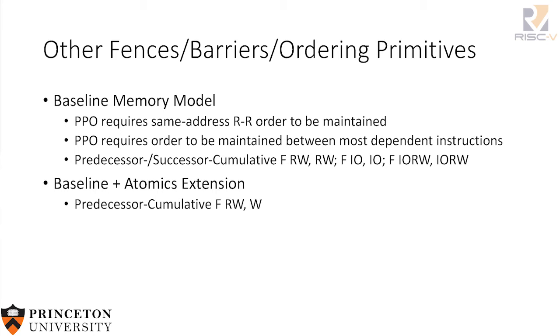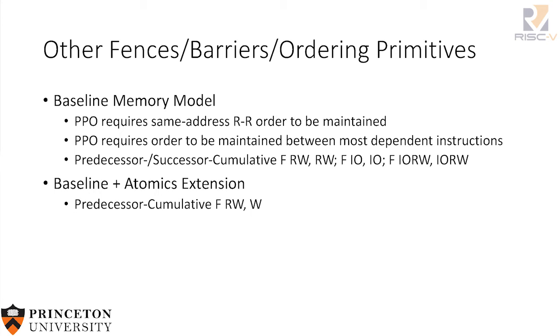Then in the baseline, we think we should just have this strong predecessor, successor, cumulative style fences, like we saw in the previous slide, which for most simple designs implementing the baseline ISA that maybe aren't as aggressively optimized, wouldn't be a very expensive fence anyways.